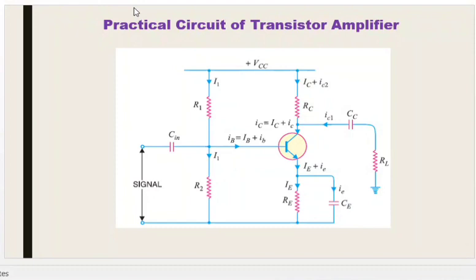RE means emitter resistance. Why we have connected this capacitor is to provide a low reactance path to the amplified AC signal. For example, generally current is flowing in a wire, and there is a junction where the wire separates into two branches.